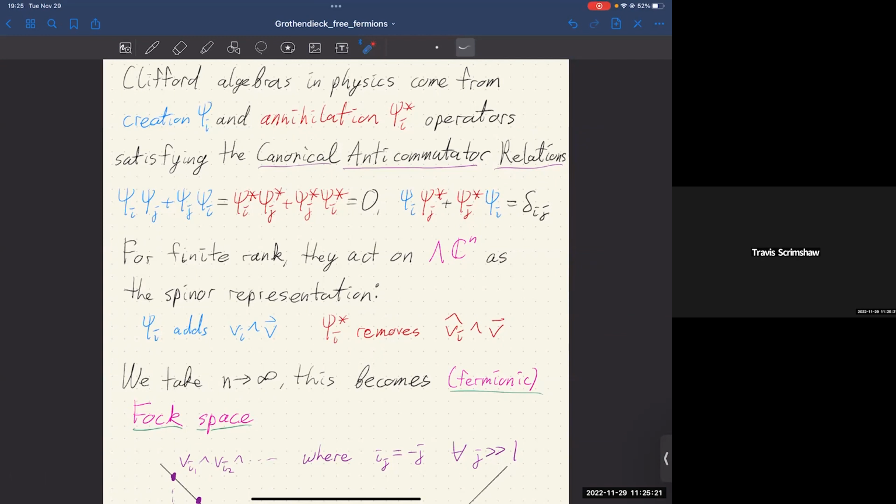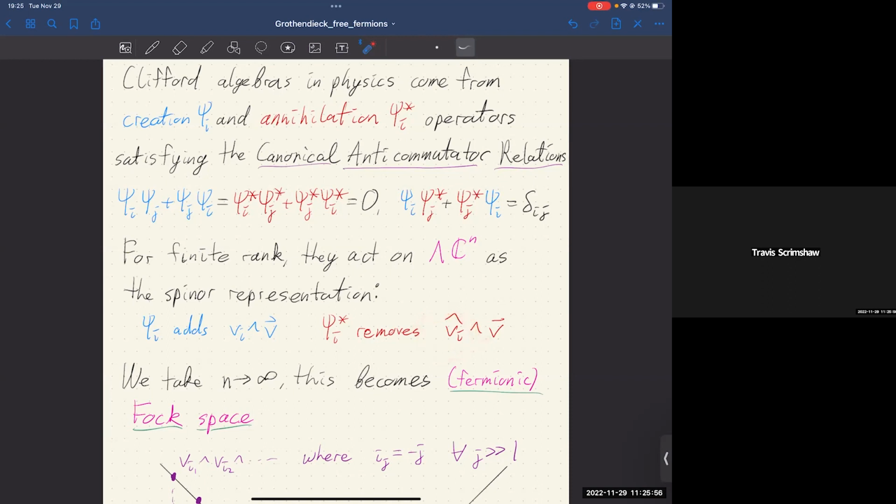So I have an arbitrary wedge product v. Let's just say it's a standard wedge of things. And I just take that wedge with v_i. That's how psi_i acts, and then it shuffles it along. And then psi_i star says, okay, if there's a v_i somewhere in this, let's take it as just a simple wedge product, then it removes the v_i from there.